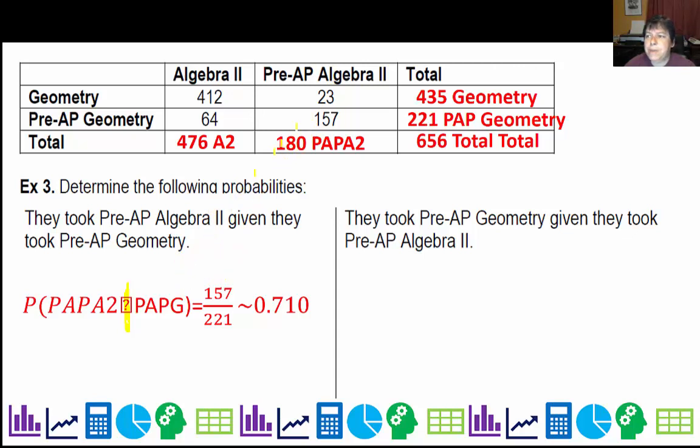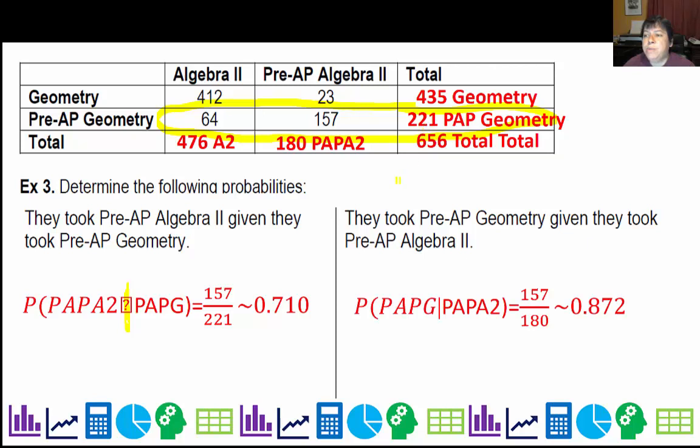Why do I have 157? Well, my universe is students who took pre-AP geometry, all right? And out of those, how many took pre-AP algebra 2? 157. Out of how many total? 221.